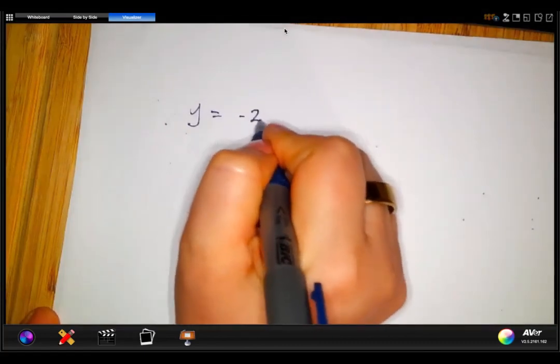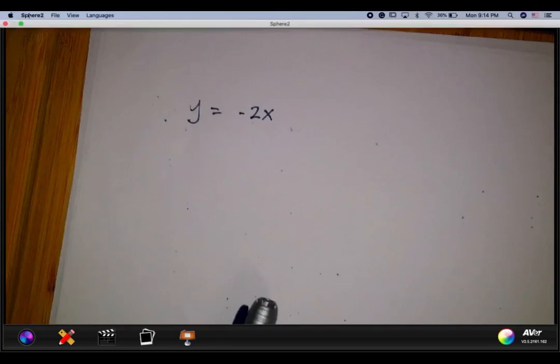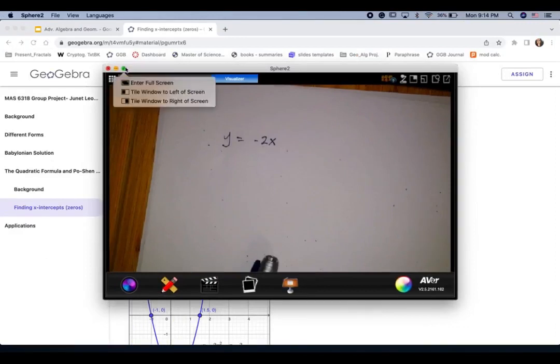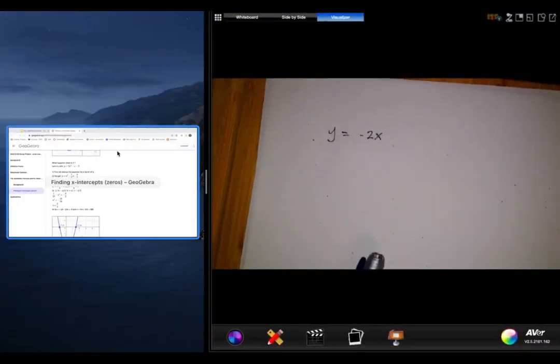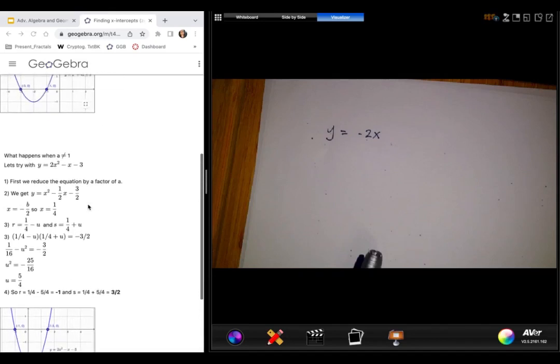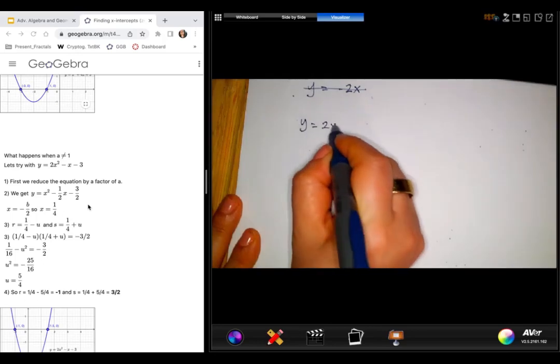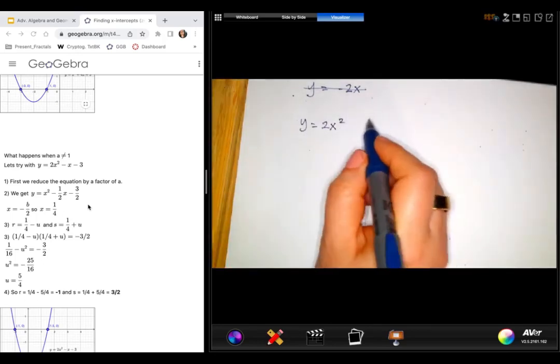We're going to look at y equals 2x squared minus x minus 3.